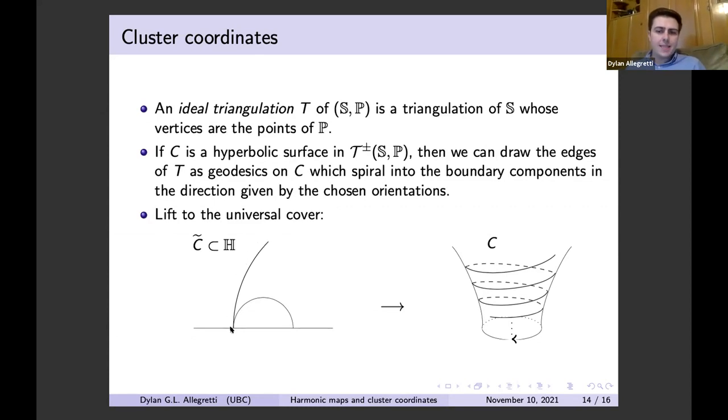And that point coincides with one of the endpoints of this other geodesic, which is a lift of this boundary component. So when I say that you allow the geodesics to spiral into the boundaries, what I really mean is in the universal cover, you're making this geodesic be asymptotic to a certain point at infinity, which is determined by the chosen orientation of the boundary component.